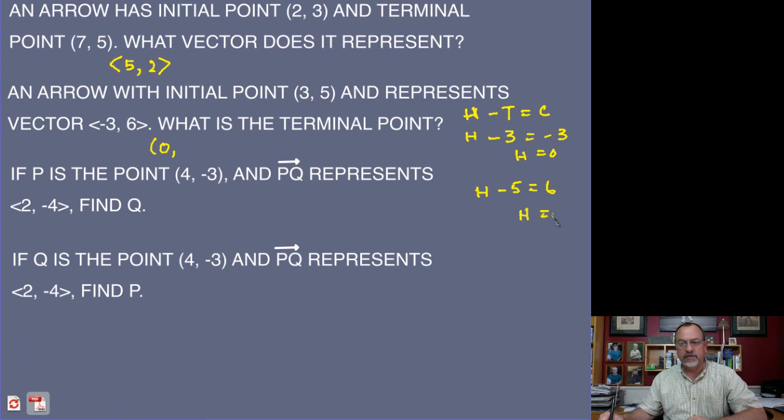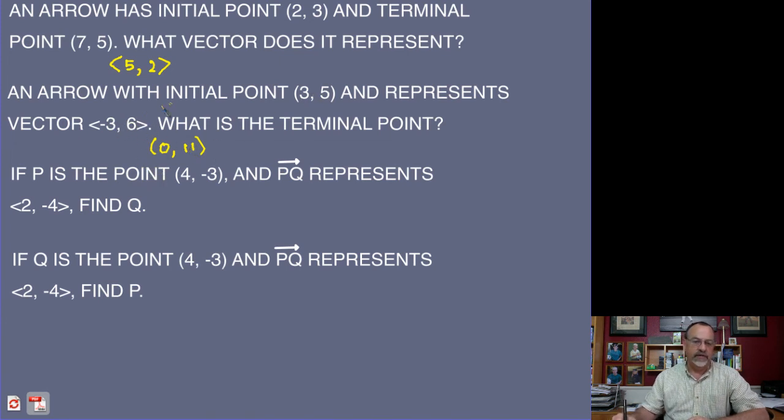A little bit of algebra gives me 11. So the terminal point of this vector is 0, 11. Now I can double check that very quickly by doing head minus tail. 0 minus 3 is negative 3, and 11 minus 5 is 6, which gives me the components of the vector I was given.